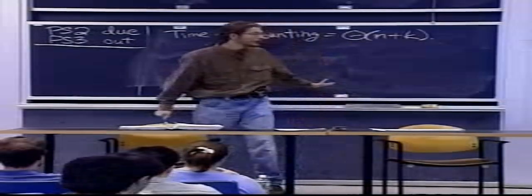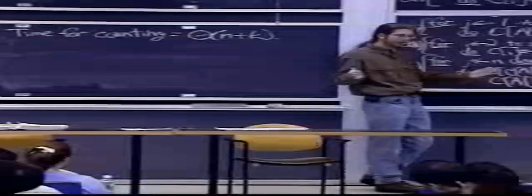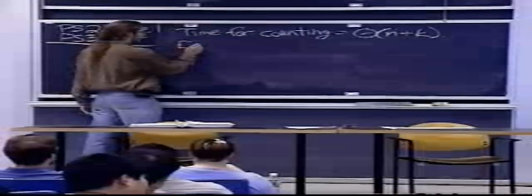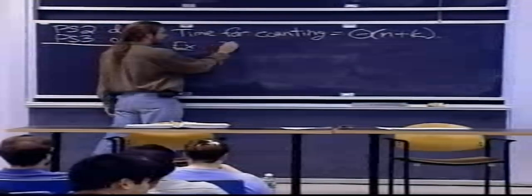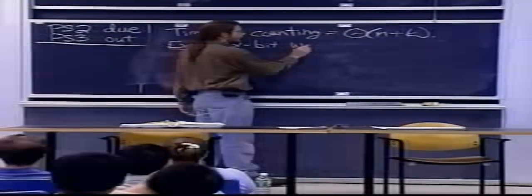So it depends on k. It depends on what the input looks like. Not only does it depend on the size of the input, it depends on how big the numbers get. So let's try some examples. What if I had a nice, good 32-bit machine? So all the numbers I'm dealing with fit in a word of 32 bits.